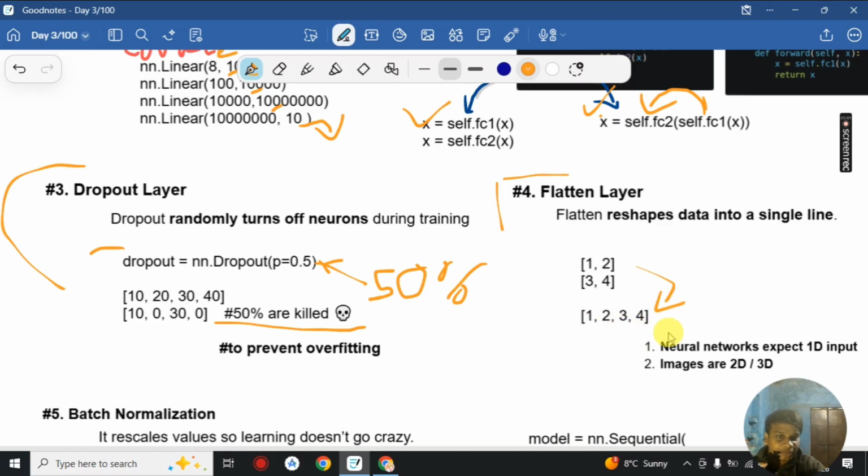It is very much helpful in our CNN part, in computer vision, whereas the neural network expects one-dimensional input, and the images or the videos we get are 2D or 3D, it's helpful to stack it into a 1D input.